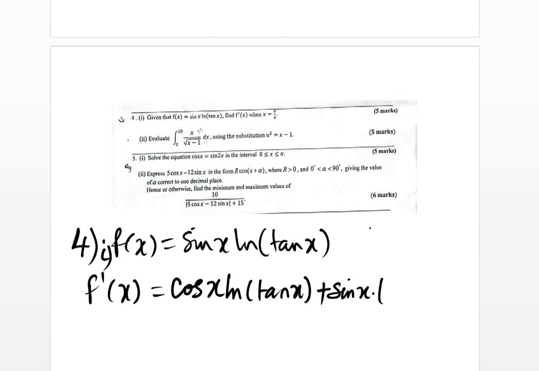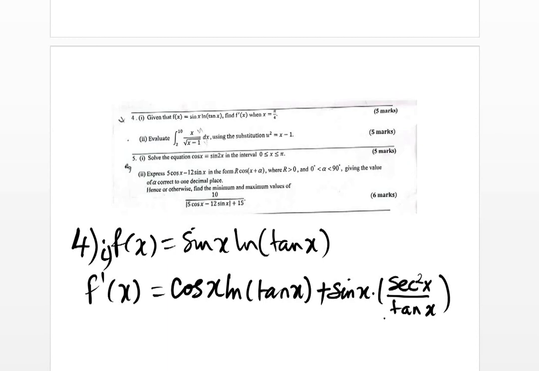To differentiate ln, you differentiate what is inside. When I differentiate tan, it is secant squared, divided by tan x itself. That is the derivative of that function.